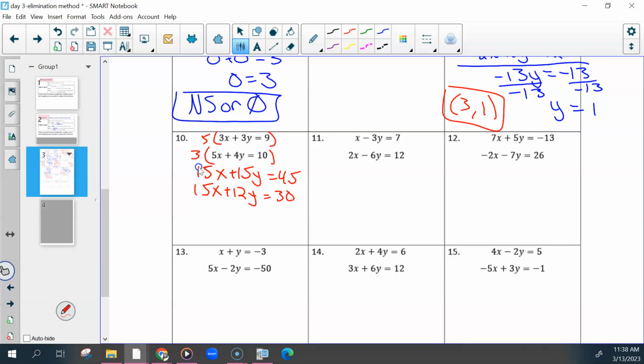Now we have the same common coefficient. Would we add or subtract those together? Subtract. 15 minus 12y would give us 3y. 45 minus 30 would give us 15. Divide both sides so that we get 5.